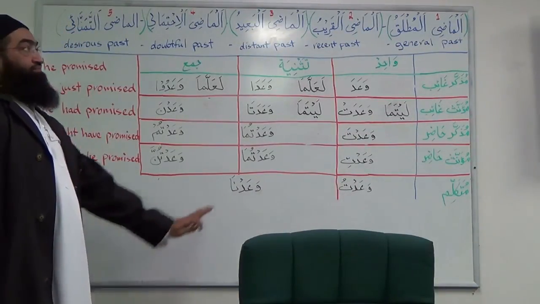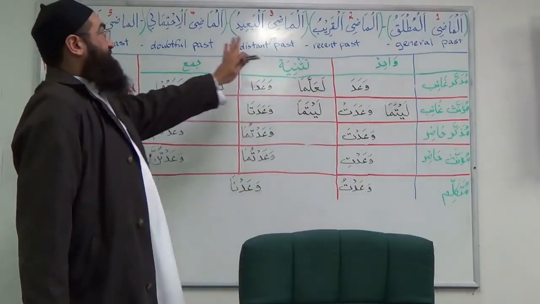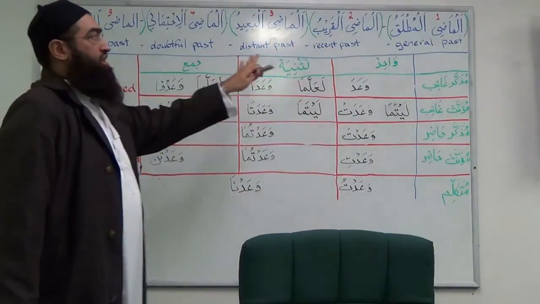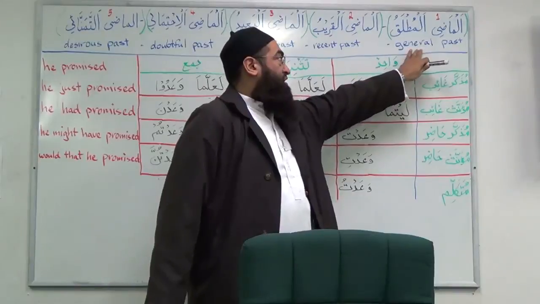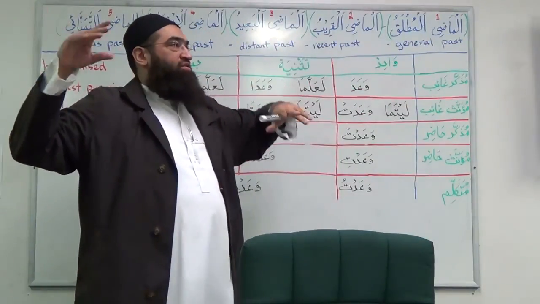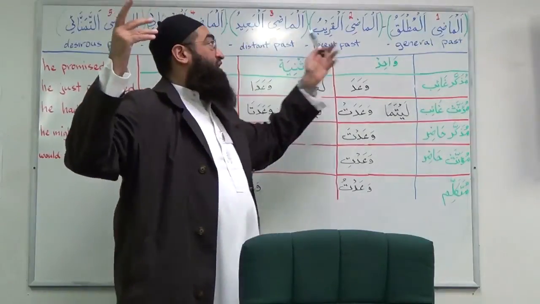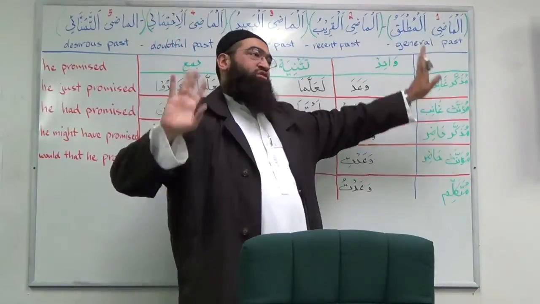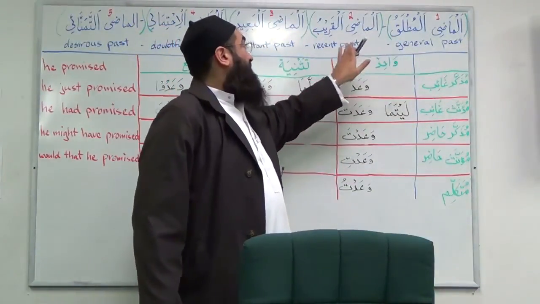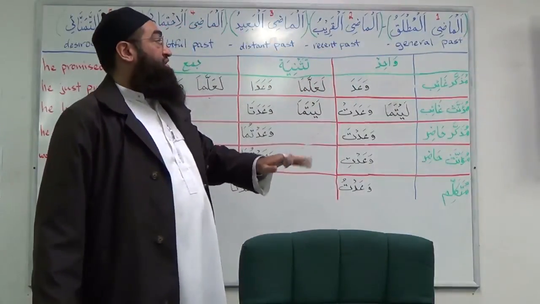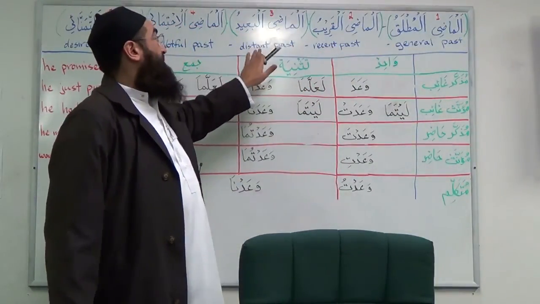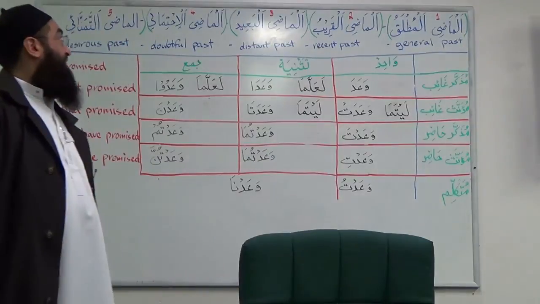So that's it. Now we know 5 types of fi'l madi. Madi mutlaq, something that happened in the general past. Sometimes it could be recent, it could be distant, it could be anything, but it's not mentioned. It just happened in the past. Madi qareeb, something that happened recently. Madi ba'id, it happened in the distant past.